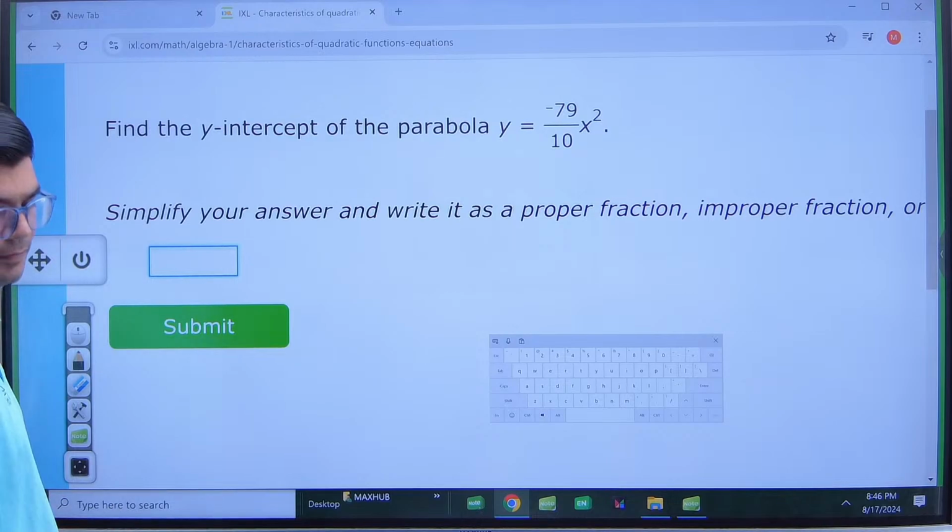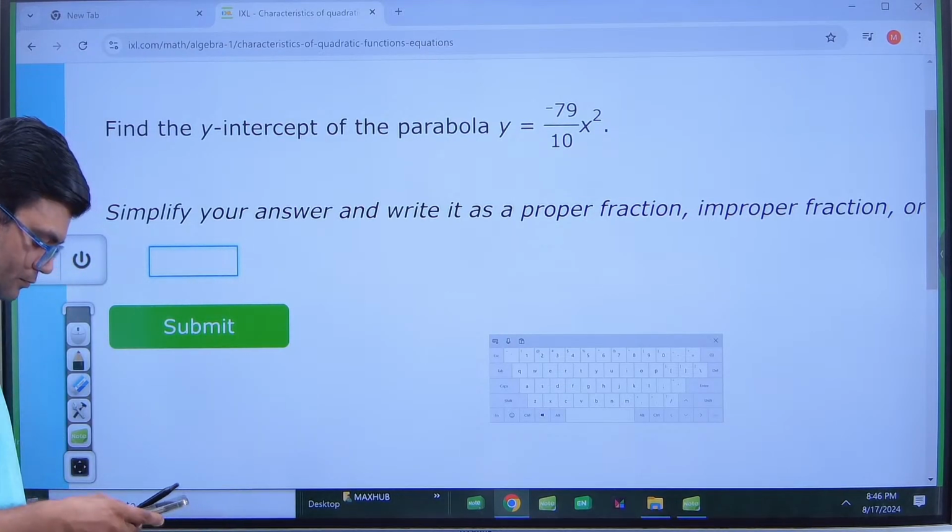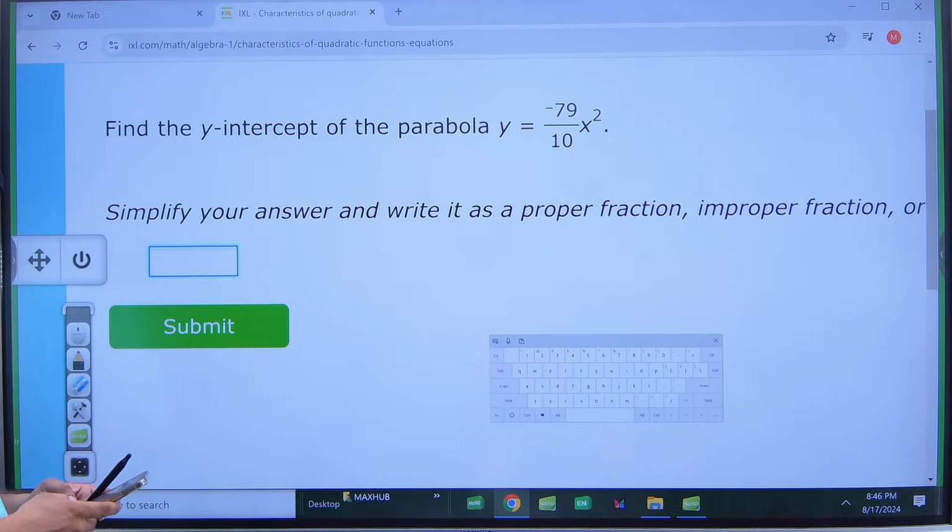Tell me for this. So wait, how do we find the y-intercept?